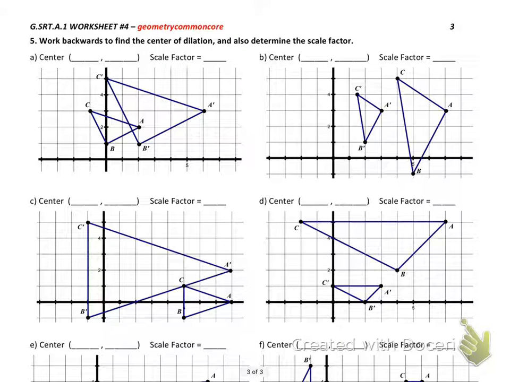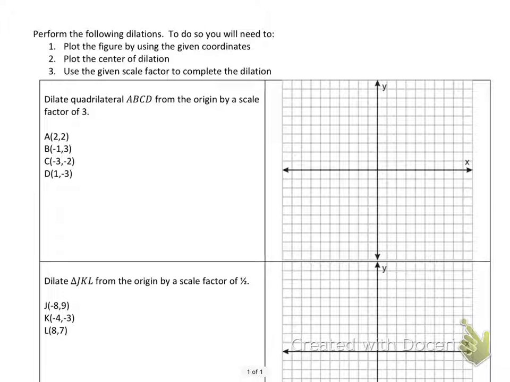But in order to understand the idea of scale factor, finding a scale factor, there's something we need to keep in mind. I'm going to go to a blank screen real quick.